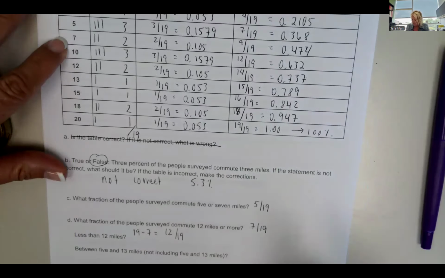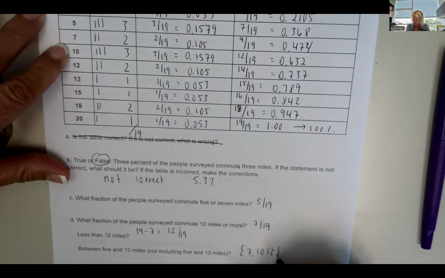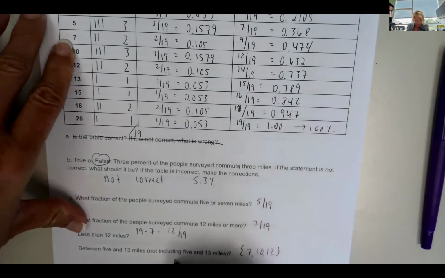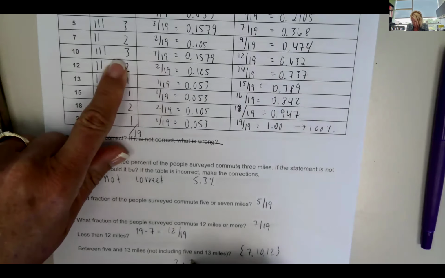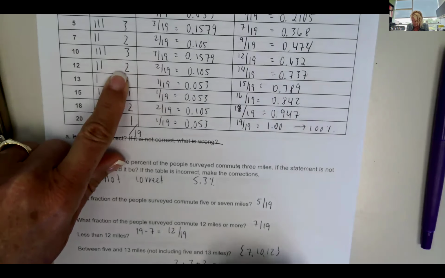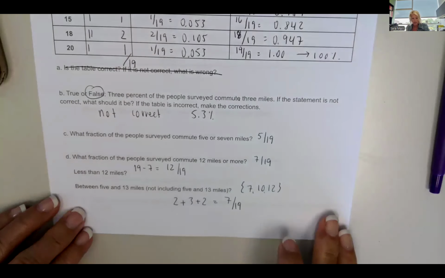So that means we're including 7. So in brackets, we're including 7 miles, 10 miles, and 12 miles. So that would be 2 plus 3 plus 2. So that would be 7 out of 19 people travel between 5 and 13 miles to work.